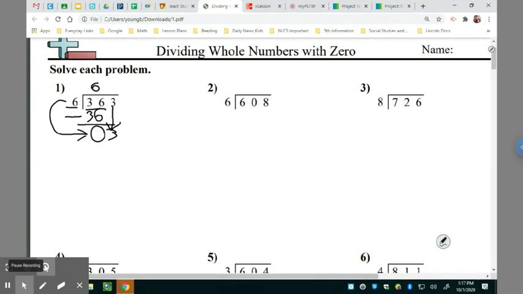Will 6 go into 3? No. How many times then? 0 times. So you put the 0 up there. Now we do the multiply. What's 0 times 6? 0. So you put that down below, right there.